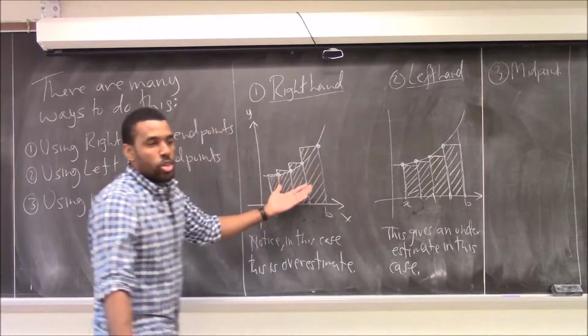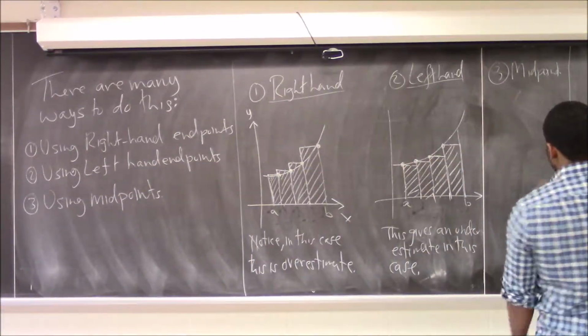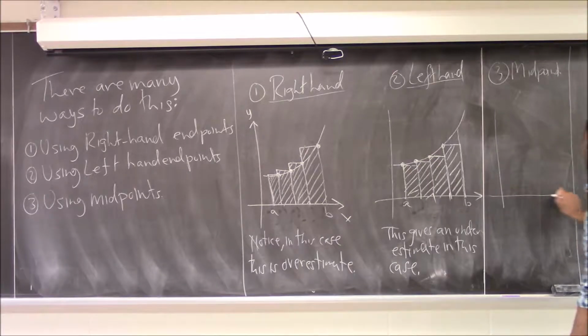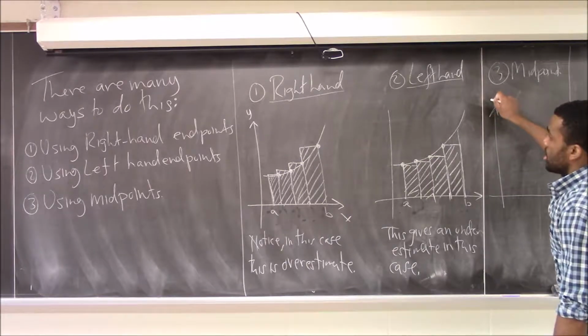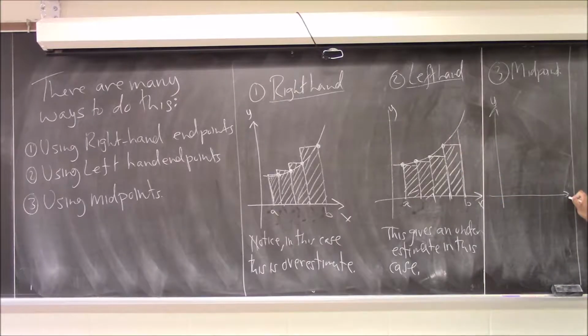So one thing gives you a larger answer than you want, one thing gives you a smaller answer than you want, and so what some people might think of as convenient is to not choose the left or the right, but to take the middle.